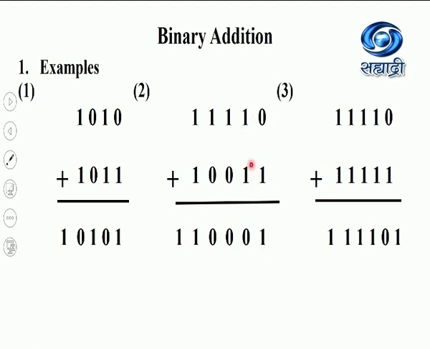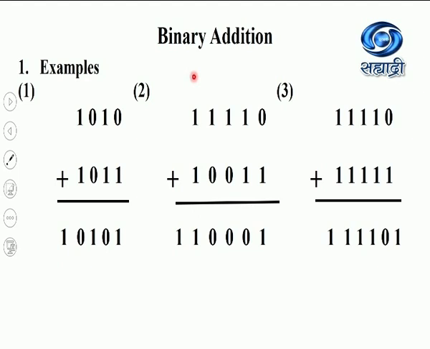1 plus 1, sum is 0, carry is 1, and it is carried over and added to the next column. So 1 plus 1 plus 0, their addition will be again 0 and carry is 1, carried over to the next column. And that 1 plus 1 plus 0, again sum is 0, carry is 1.